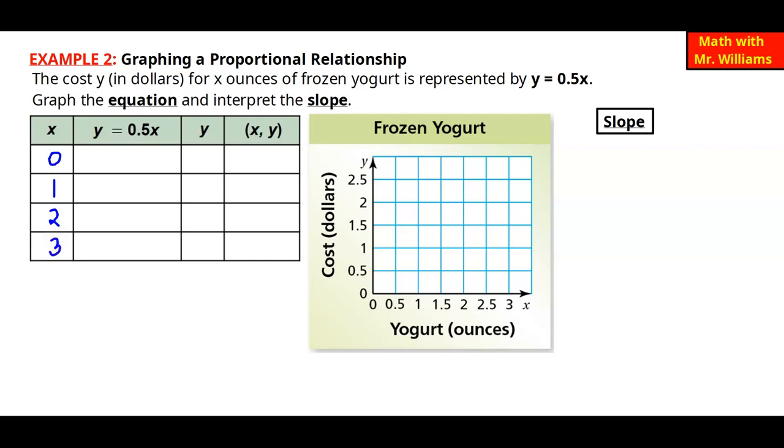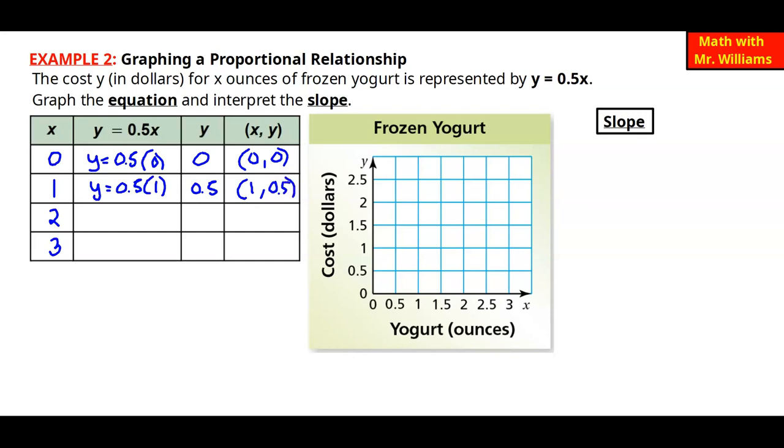Let's go ahead and place the first value in. So we have y equals 5/10 times 0, which should result in 0. So my ordered pair would be 0, 0. For the next one, we have y equals 5/10 times 1. Well, 1 times anything is the number, so we have 5/10 for our answer, leaving me the ordered pair of 1, 5/10.